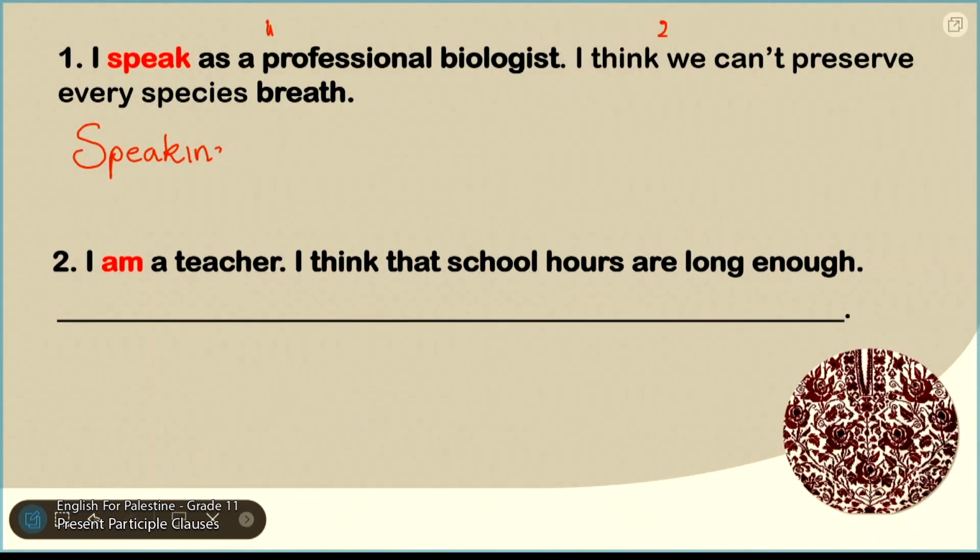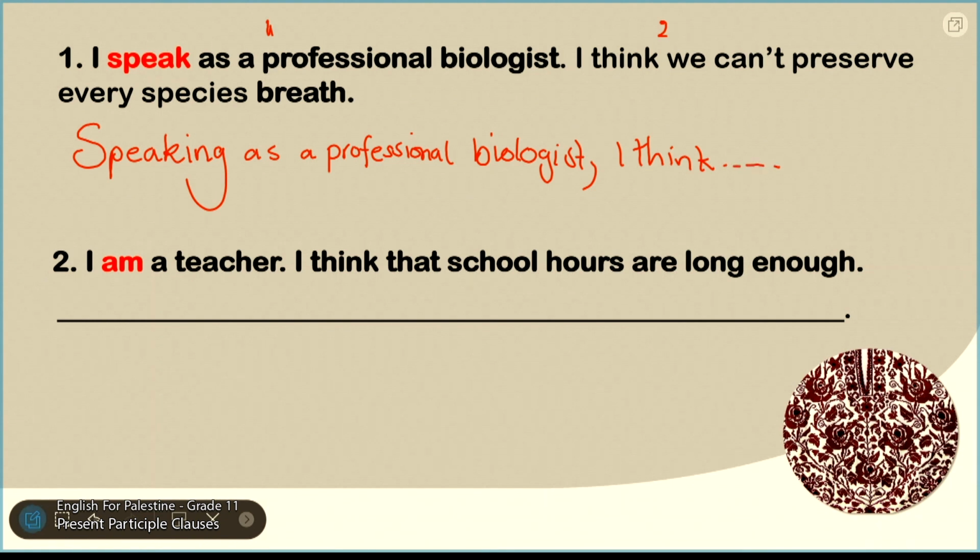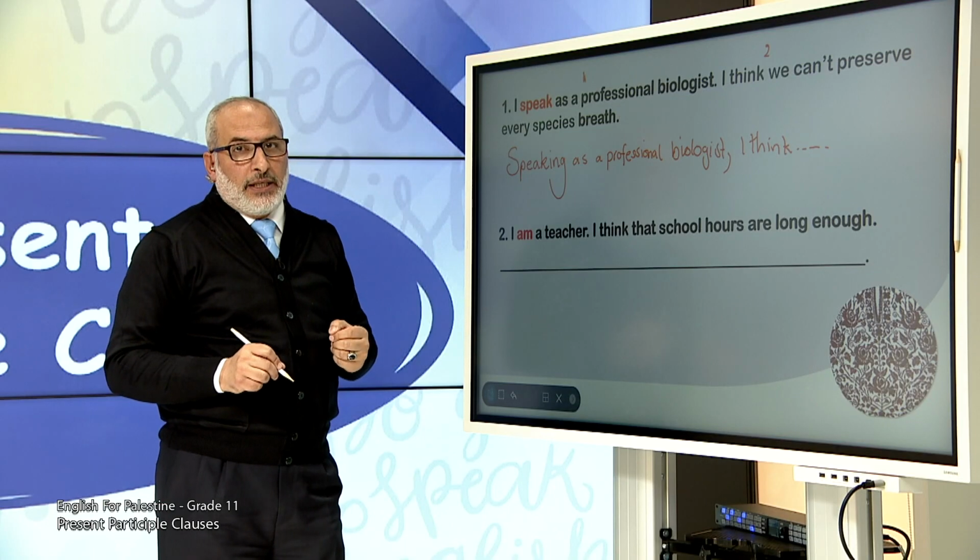We add ing, speaking, as a professional biologist, comma, I think we can preserve every species' breath. So here, speaking as a professional biologist, I change this part into an ing phrase or present participle clause.